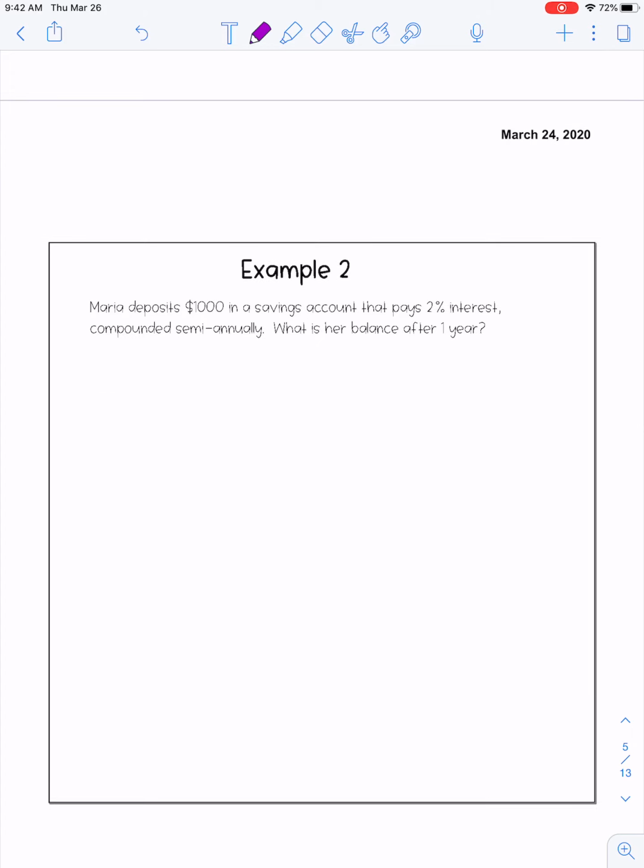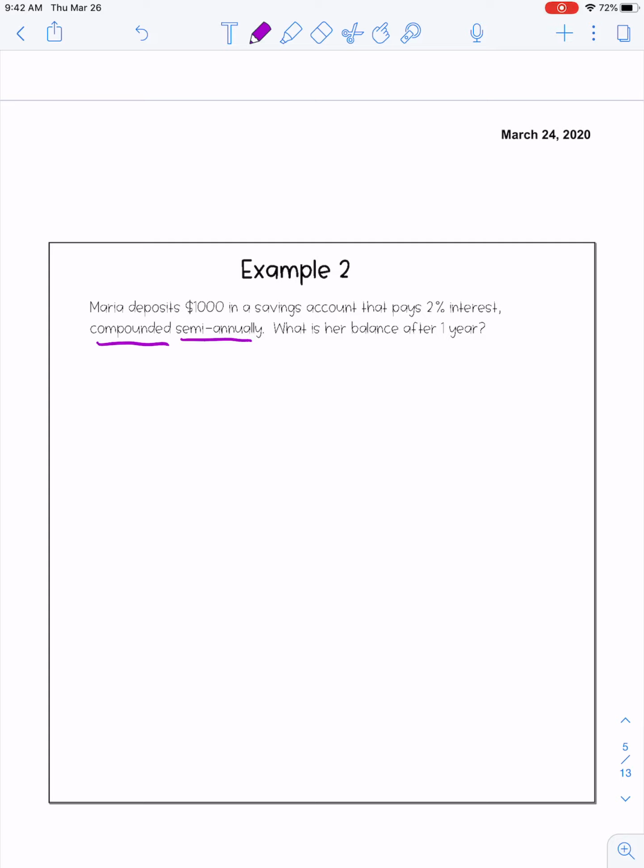This is the last one I'm going to do for today. Here it says Maria deposits $1,000 in a savings account that pays 2% interest, but now it's compounded semi-annually, not annually. The way we have to do that is we're still going to use the simple interest formula, but we have to do it twice, because it's compounded every 6 months, or 2 times a year.